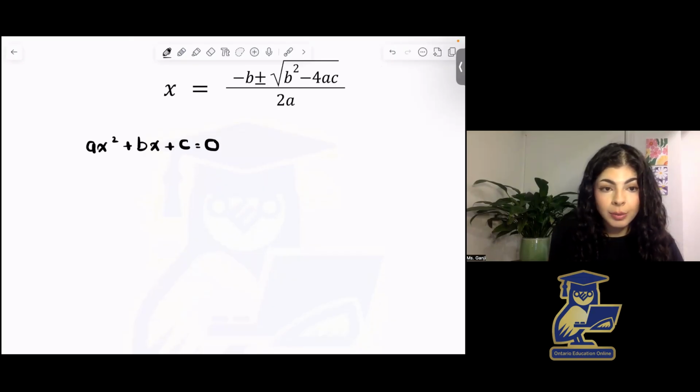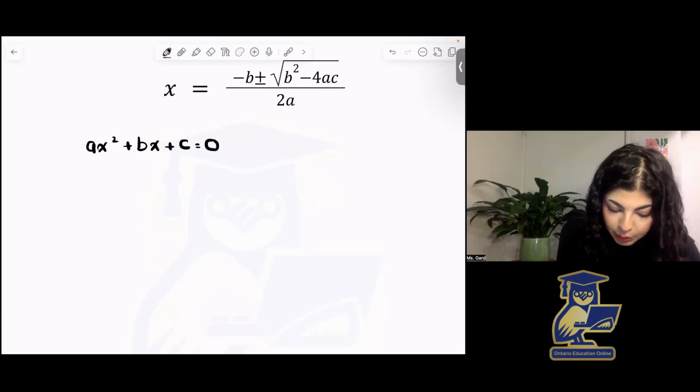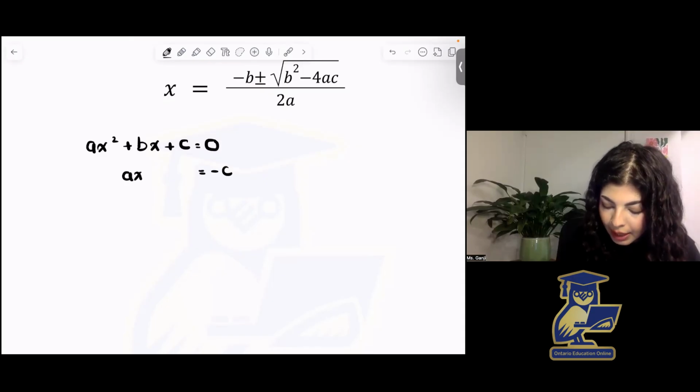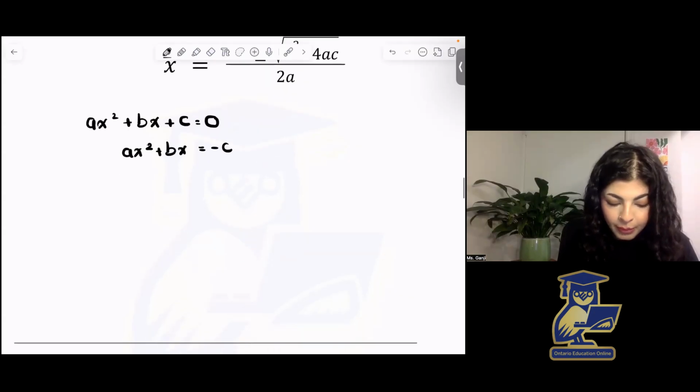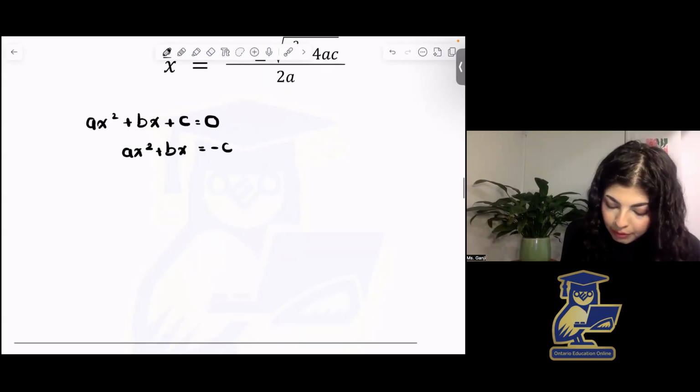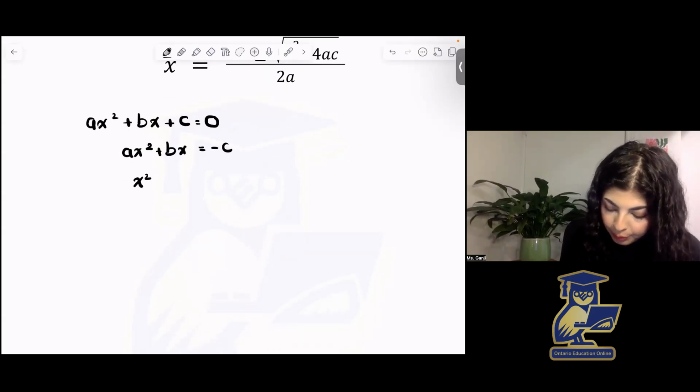I'm going to do some algebraic manipulations here to get x on its own and see what my answer would be. So first, we're going to isolate c to the other side so that I have my two terms with x on their own. Now, I'm going to divide by a all the way through to get.